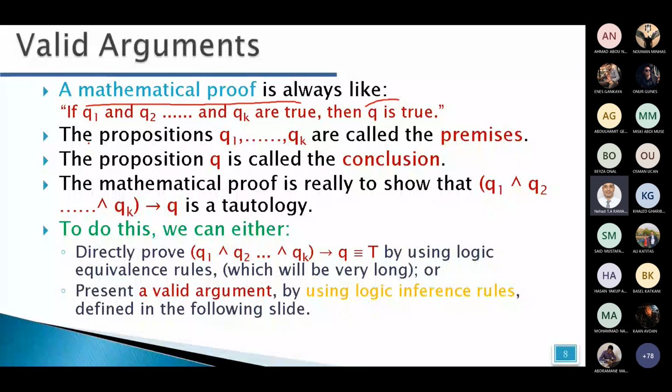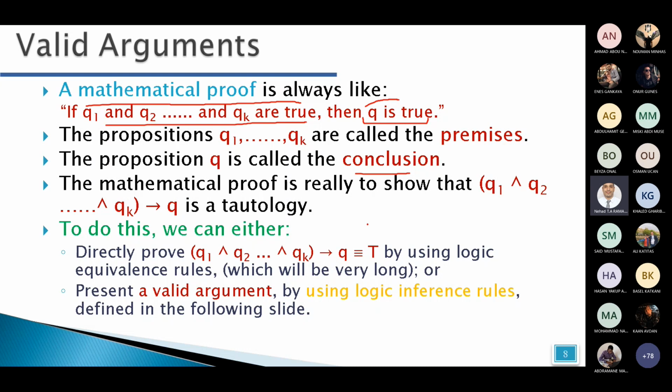If the hypotheses or premises given to you, Q1, Q2, Q3, until Qk, are true, then the conclusion is true. We call these the premises, and after that, the conclusion.